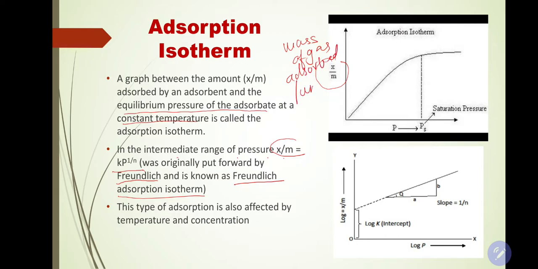You can see that as pressure increases, the mass of gas adsorbed per unit area will increase. Now here you can see that as the pressure increases further, the adsorption is constant. This point where the adsorption becomes constant is known as the saturation pressure. Okay, it is known as what? It is known as the saturation pressure.